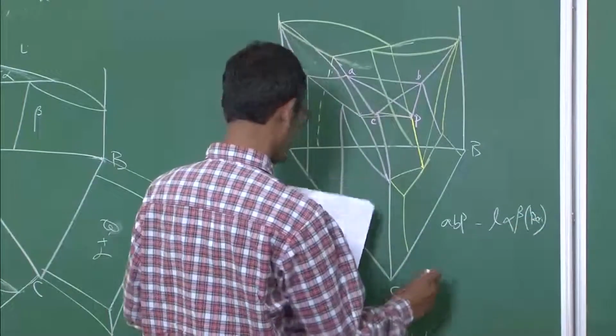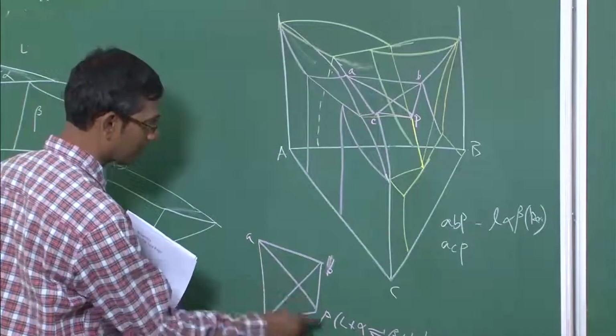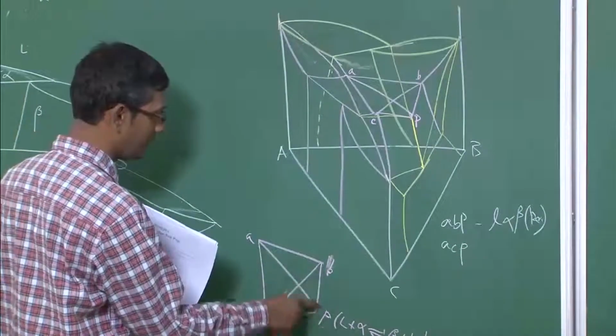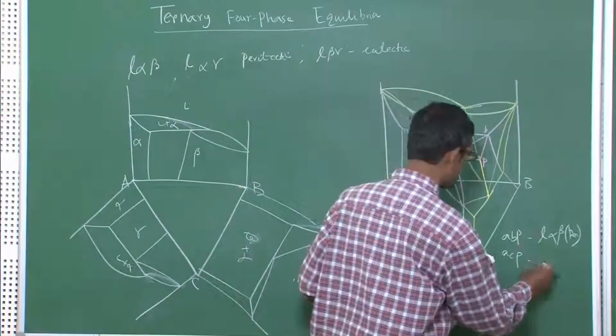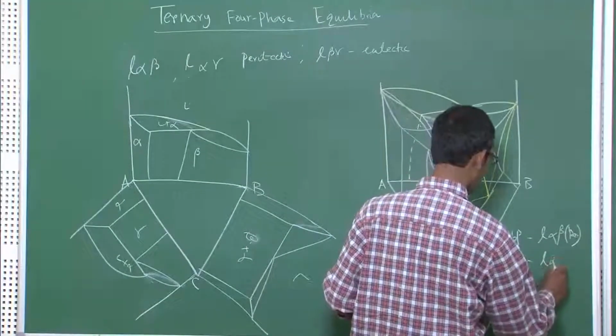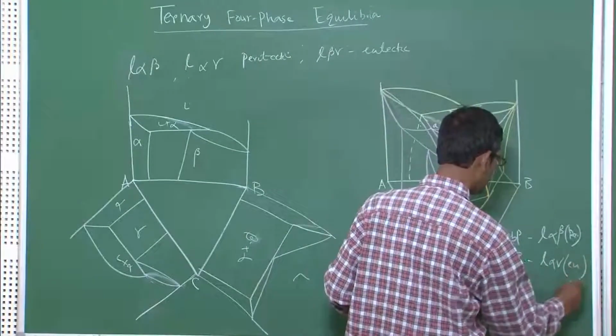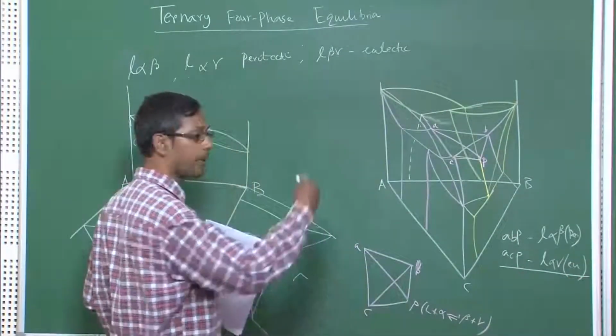Then A, C, P. First one is A, B, P, this triangle. Second one is A, C, P, this triangle. This is also sitting above. Okay, so this is liquid, alpha, gamma. This is eutectic, and then they are all lying above.